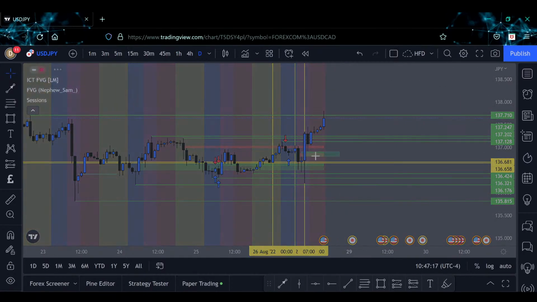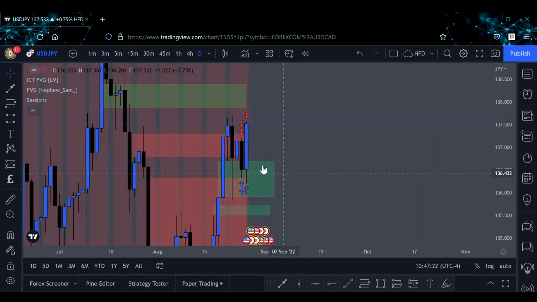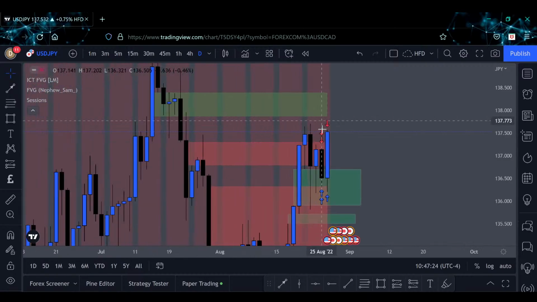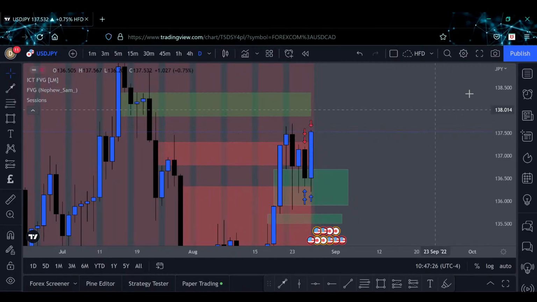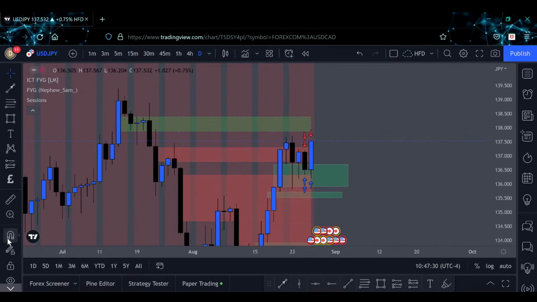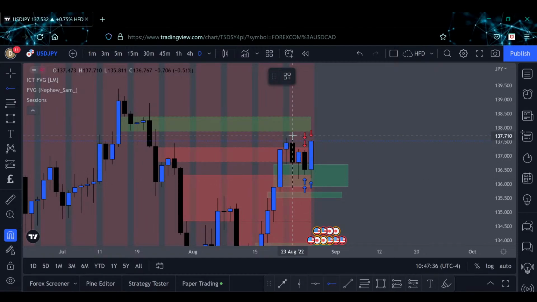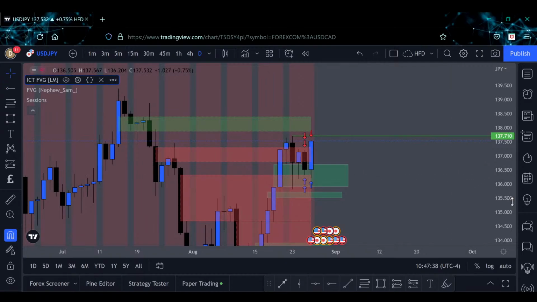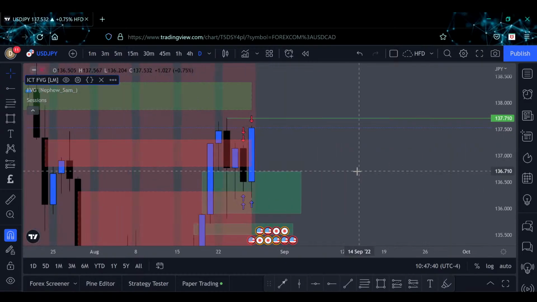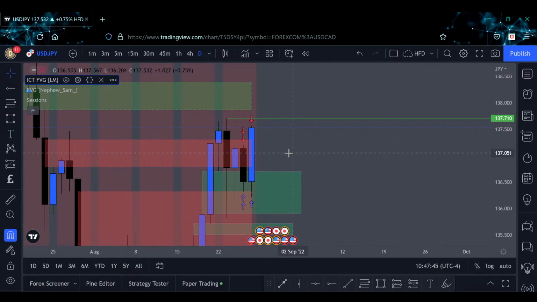So we'll jump on the daily, clear this. As you can see, there is this high. So it's probably pushing up to take that.